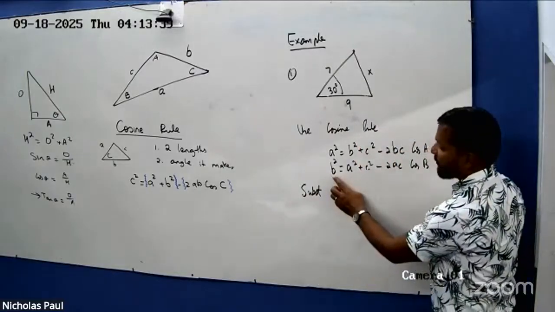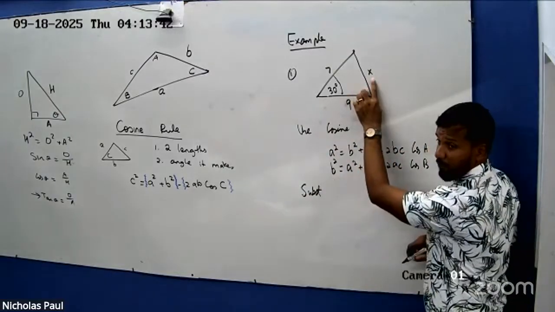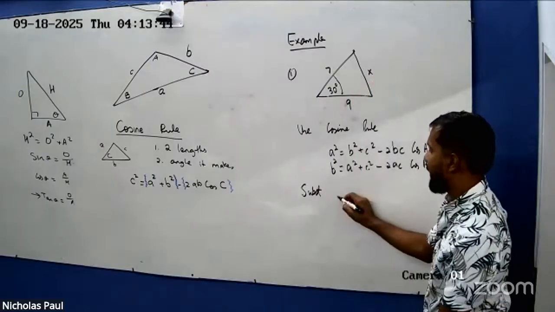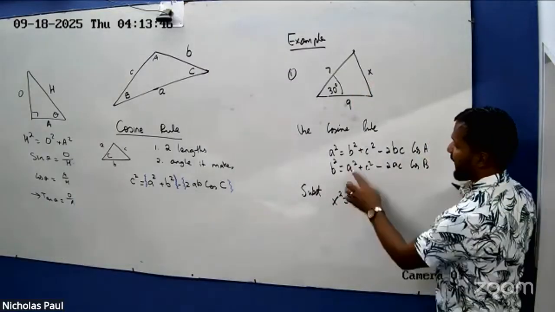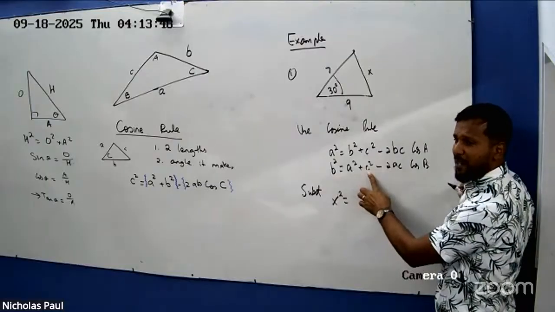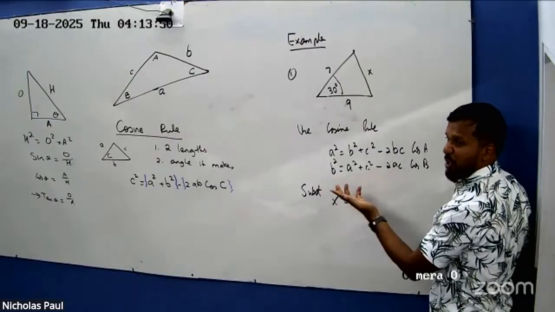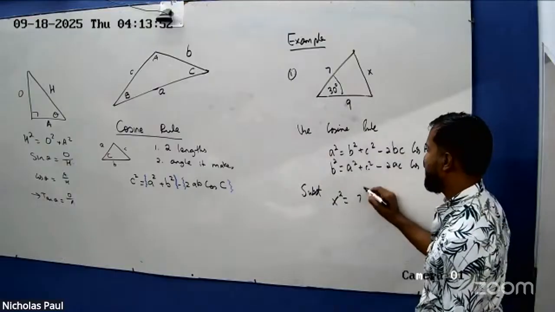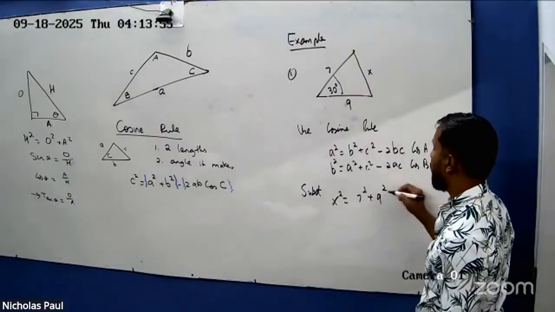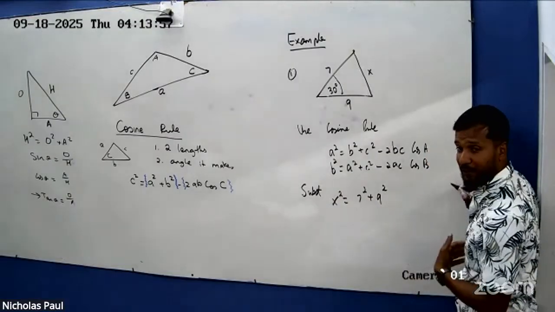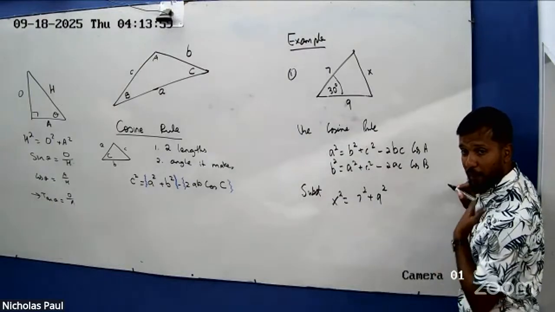What are we trying to find? X, right? So we write x squared is equal to a squared and c squared. Does it matter which is which? No, it doesn't matter. So I could call a 7 squared or I could call a 9. It doesn't matter. You okay with that?